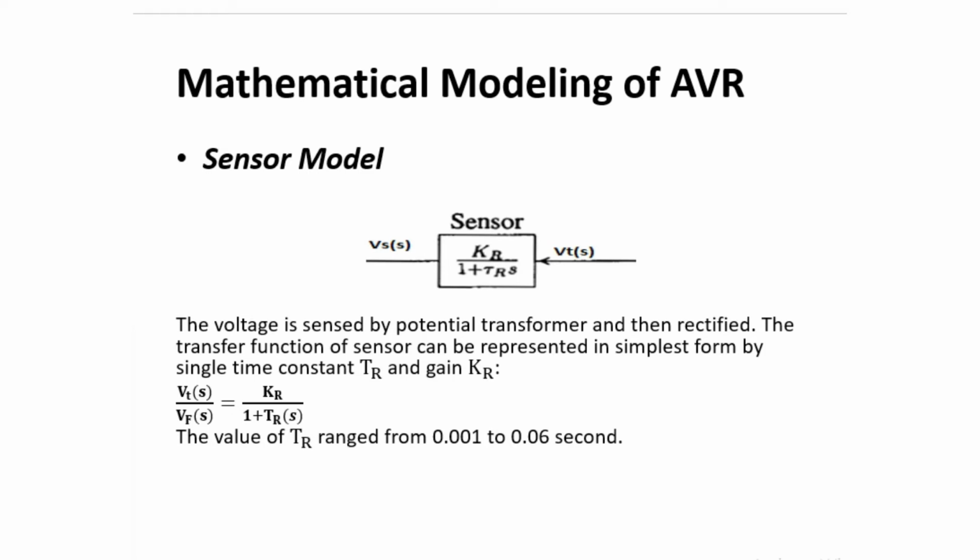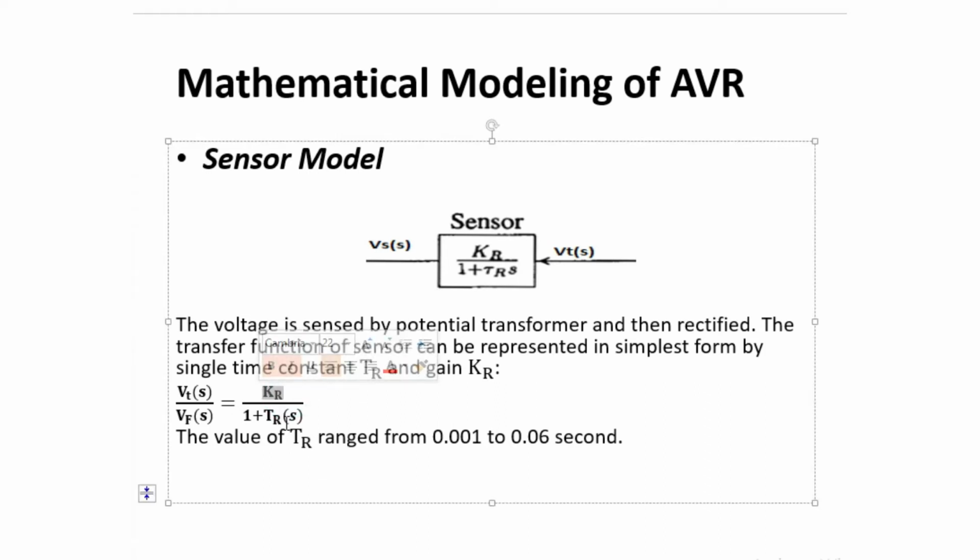In the modeling of a sensor, the voltage is sensed by a potential transformer, and then it is rectified. So the transfer function for the sensor is represented in the simplest form by the gain Kr with the time constant Tr, and this Tr ranges from 0.001 to 0.06 seconds.